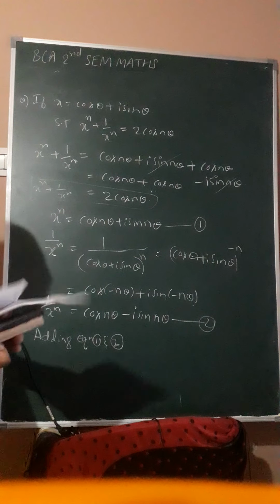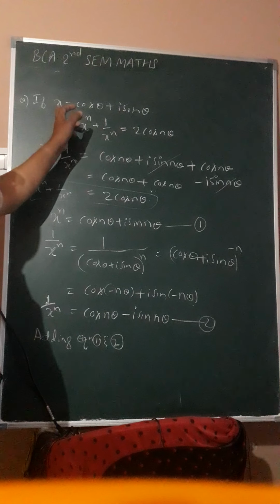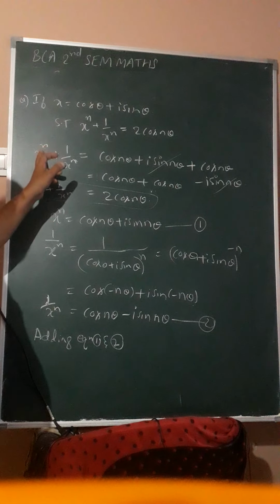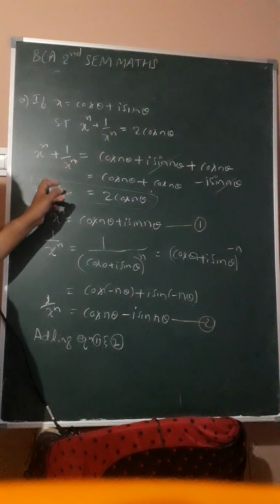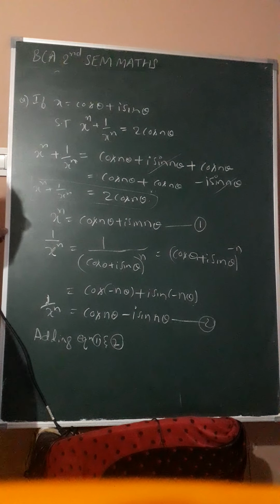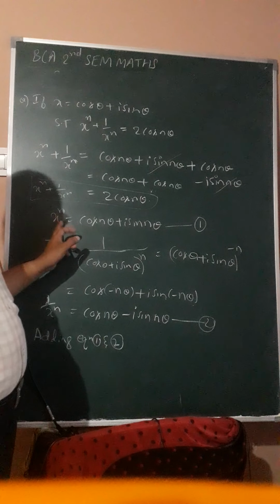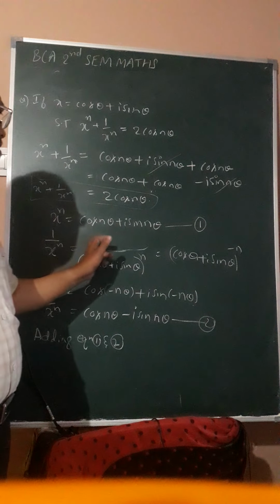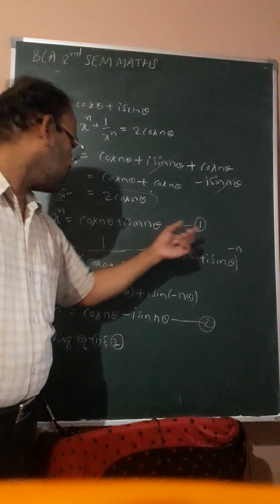That is what we proved here. We considered x and took the nth power on x, that is x to the power of n, and using De Moivre's theorem, cos n theta plus i sin n theta. That is equation 1.